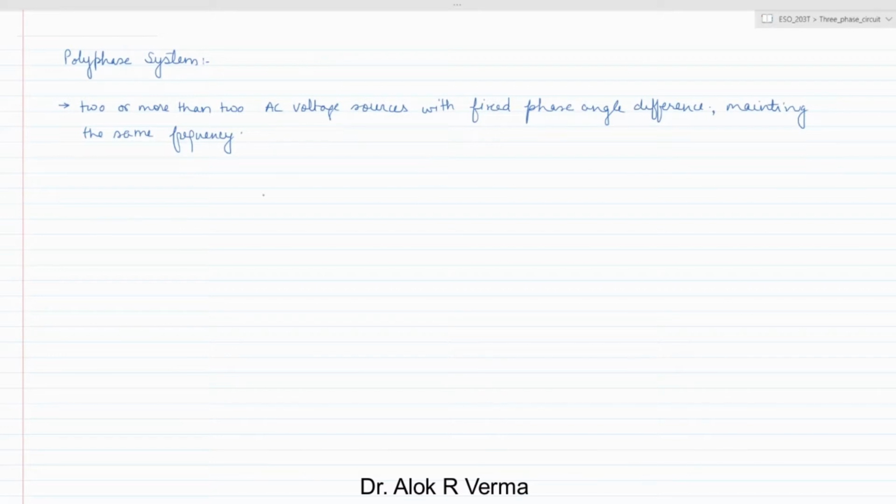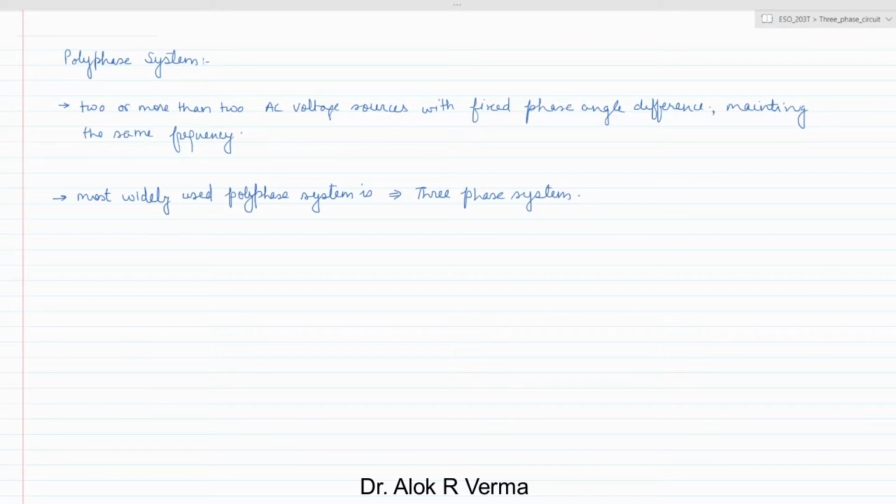Normally we have a two-phase system, a three-phase system, but the most widely used polyphase system is the three-phase system.